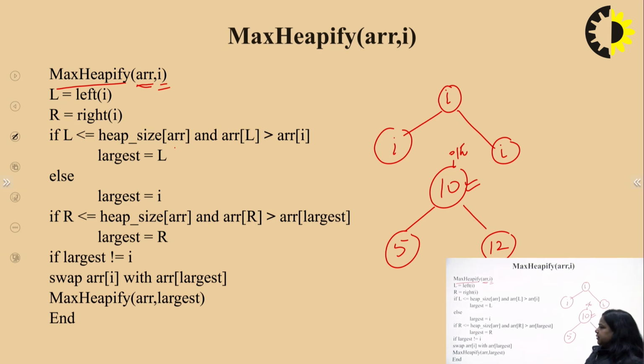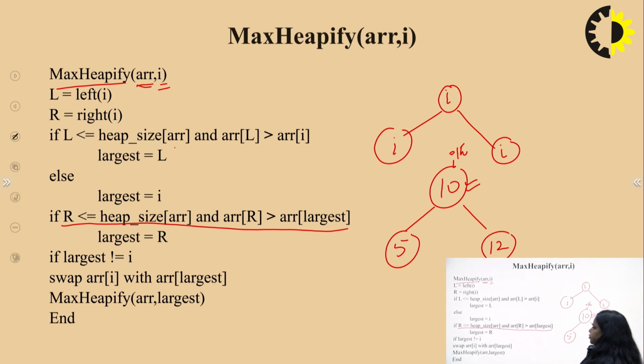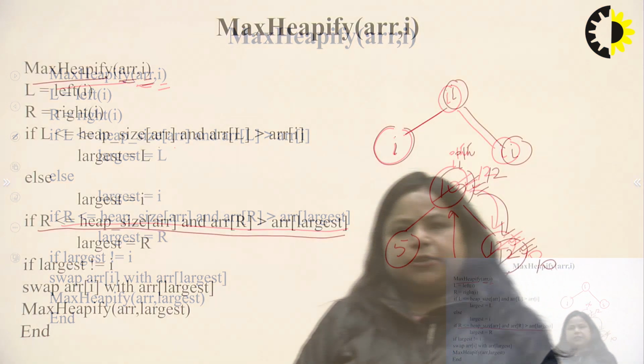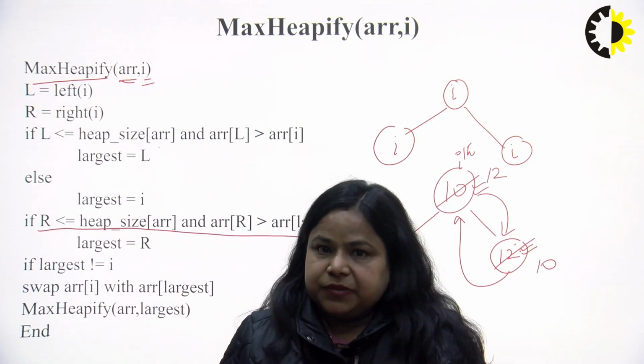And in the second condition, we need to check if R is less than heap size and A[R] is greater than the largest element. Yes, this is greater. So this right child becomes the largest one. It becomes 12, and this will get swapped to the rth location, right? This is how we do the swapping of the I element with the largest one, fine.